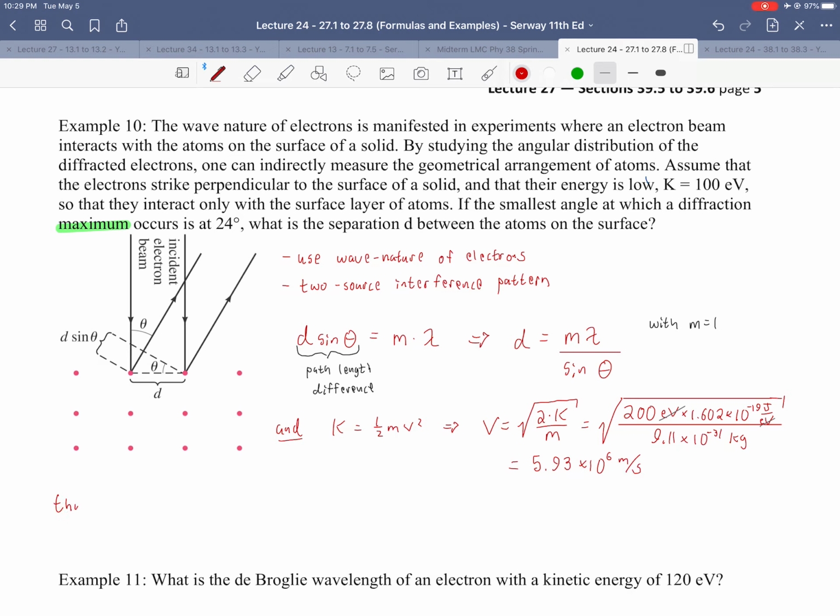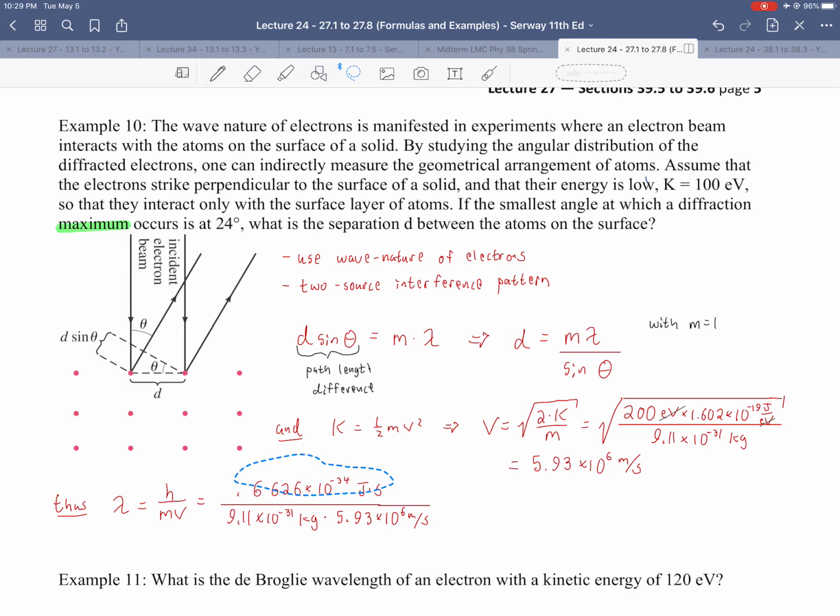Now we can go right to the wavelength. The wavelength is going to be Planck's constant over mv. So here we have 6.626 times 10 to the negative 34 joule seconds, all over our electron mass in kilograms, times the velocity we found, 5.93 times 10 to the 6 meters per second.